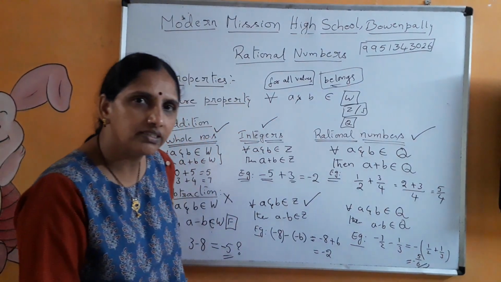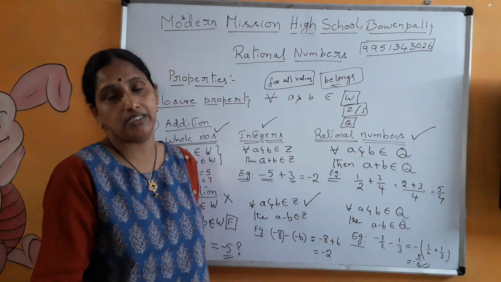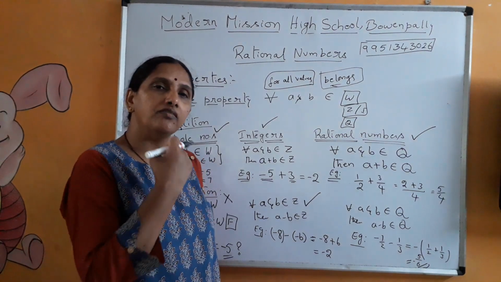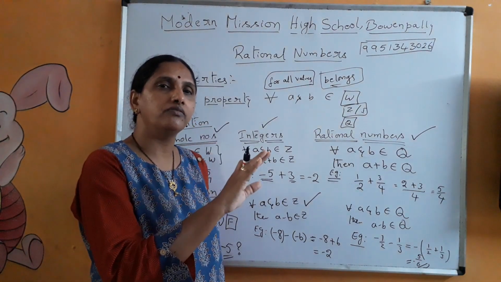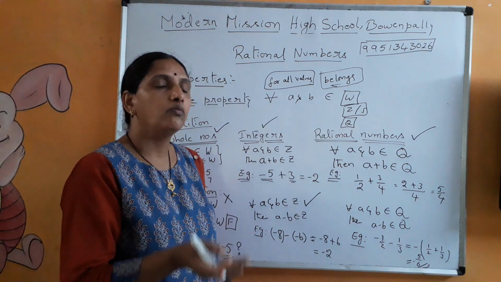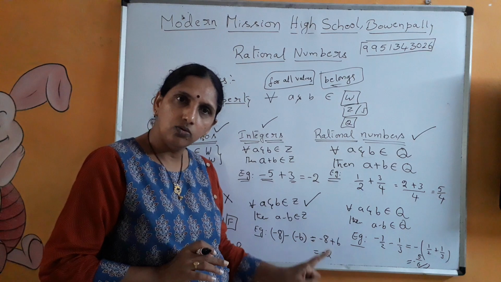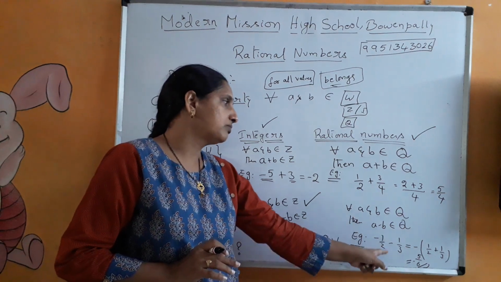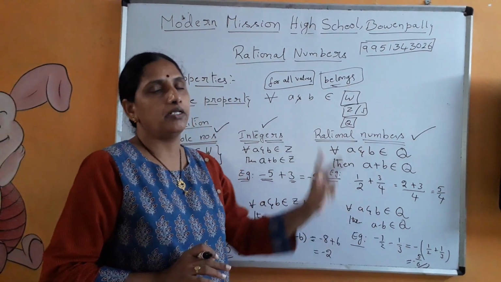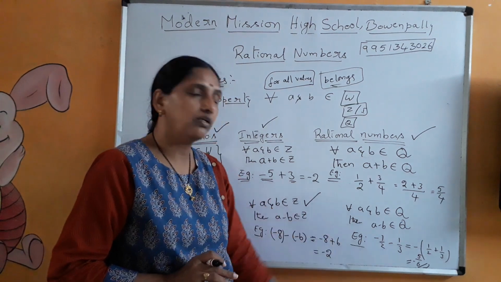Is minus 5 by 6 a rational number? Yes. Any number in the form of a fraction, may be positive or negative, whatever it is, without the denominator being 0, then all those numbers are rational numbers. So therefore this is also a rational number.